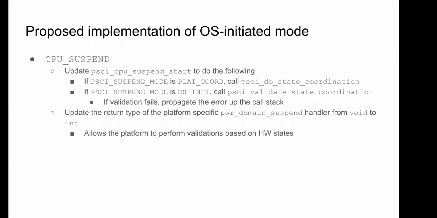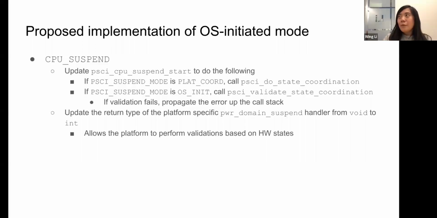Just out of curiosity, how were you doing this locking before OSI mode? The side channel that we're using is the inform registers, where the OS writes to the inform register to indicate its intent to go into a cluster state.